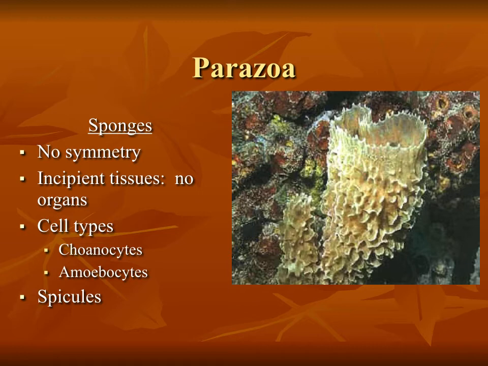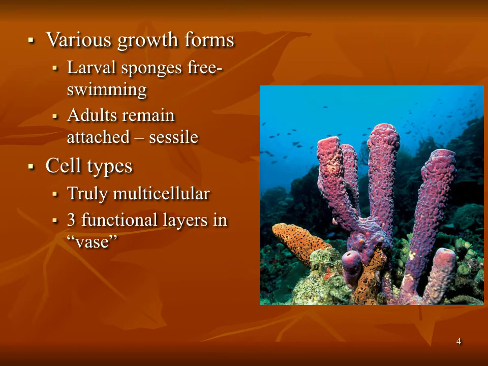They don't have muscles, they don't have brains, they don't even have muscle tissue or nerve tissue. They sit in one place, they draw in water, and then they filter out the particles. Okay, they do have a free swimming ciliated larva, but the adult or mature structure is attached to the bottom of the ocean or some sort of material, and it can grow quite large and it filter feeds.